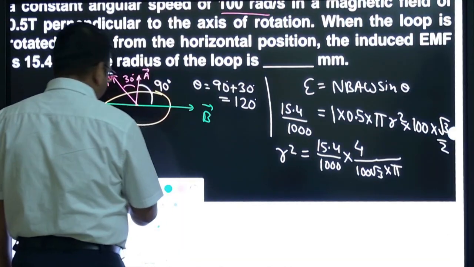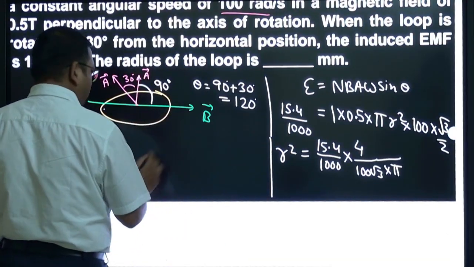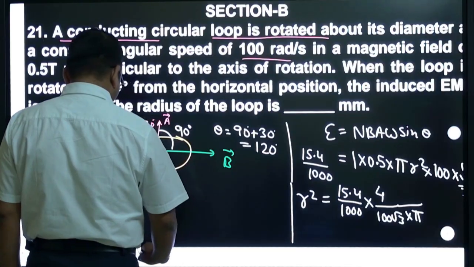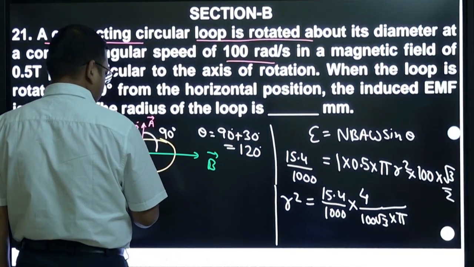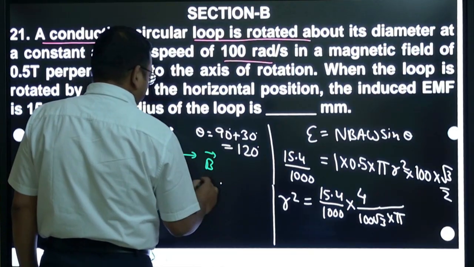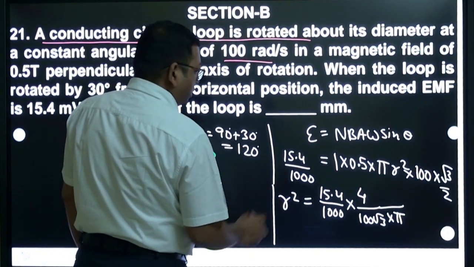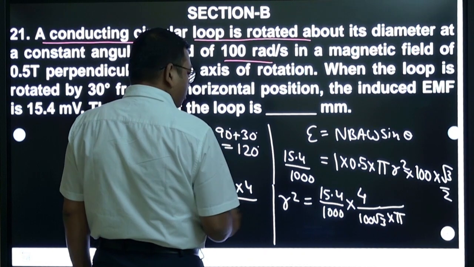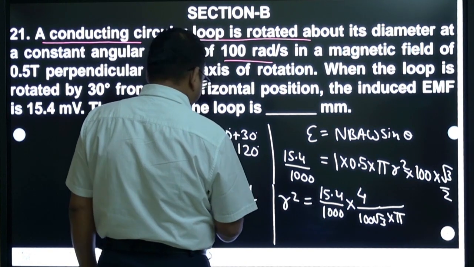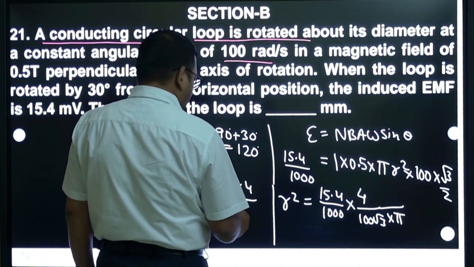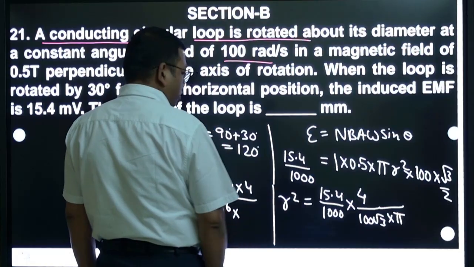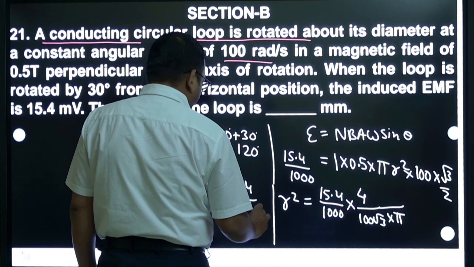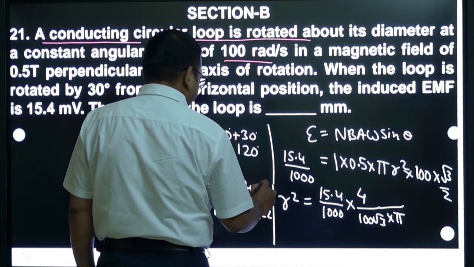If I consider that as 22 by 7 and try to solve for r square, what will be r square? Here I can take it as 154 into 4 by 10 to the power 4, 5, 6. 10 to the power 6 will come, root 3, 1.732 we can write afterwards, but pi you can write as 22 by 7.